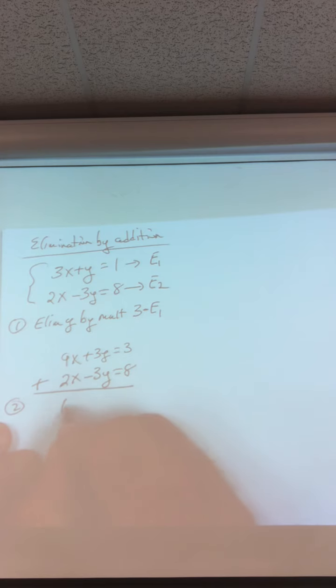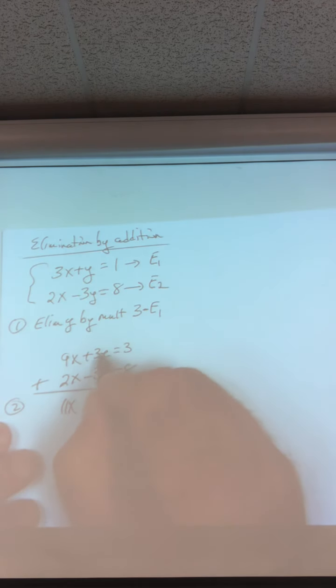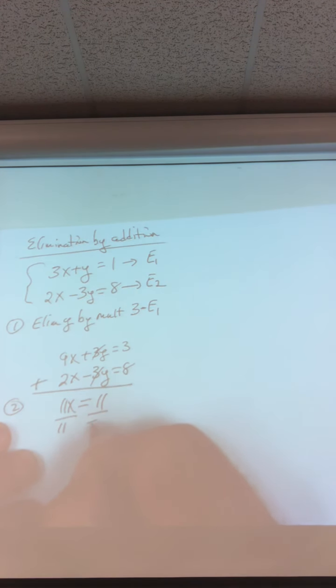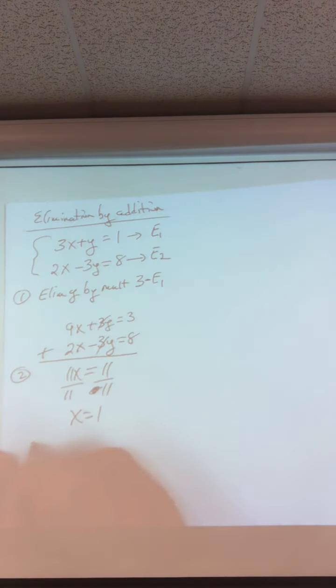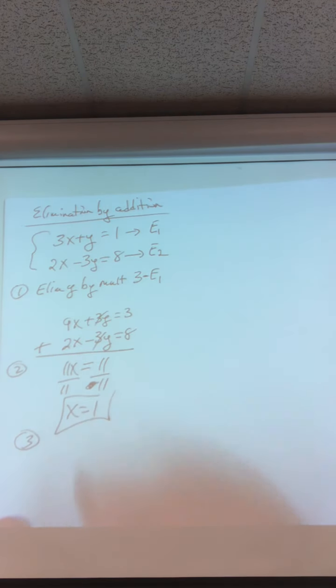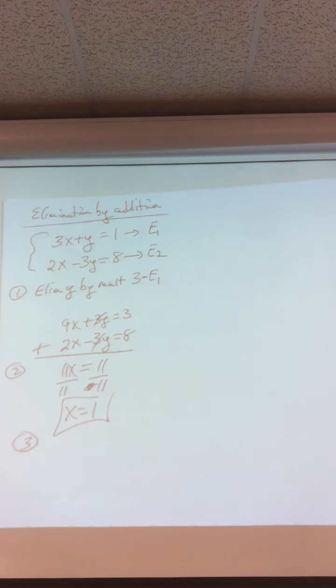9x plus 2x is 11x. The y's add out, equals 11. And solve. So, we're halfway there. Now step 3.